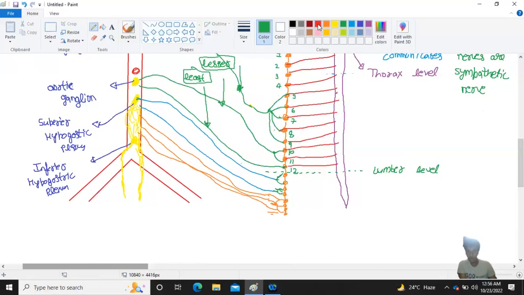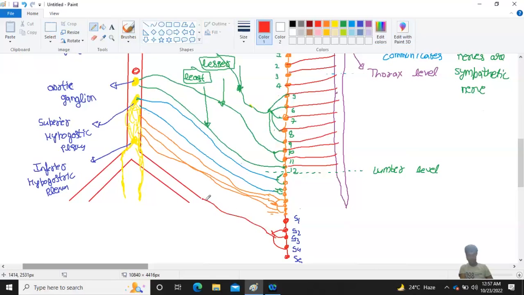Here we draw the sacral. Let's say this is S1, S2, S3, S4, and S5. These are sacral. So from S2, S3, S4, the nerves come which are splanchnic, but they are parasympathetic.